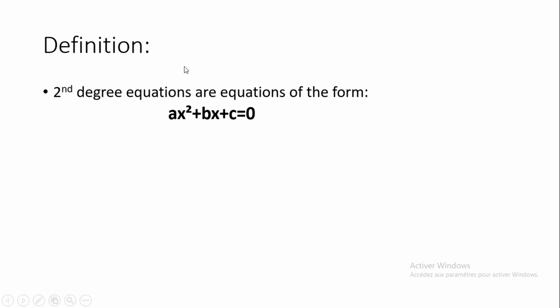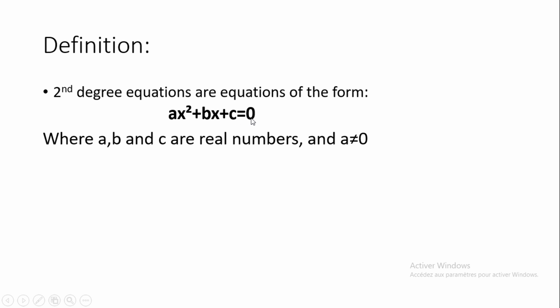Second degree equations are equations of the form ax squared plus bx plus c equals 0, where a, b, and c are real numbers and a is different from 0.